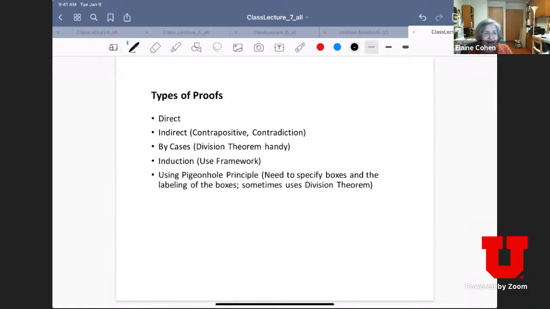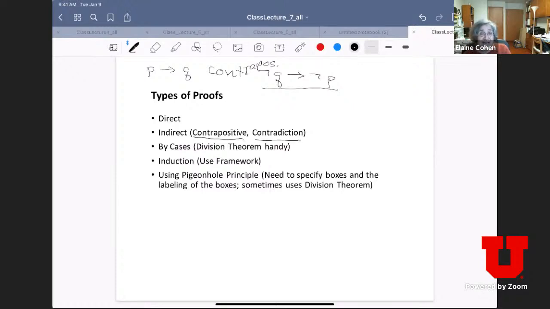Remember, if you're trying to prove P implies Q, then the contrapositive is not Q implies not P, and then you do a direct proof of the contrapositive. Contrapositive, not contradiction.